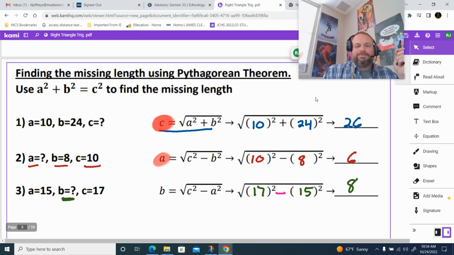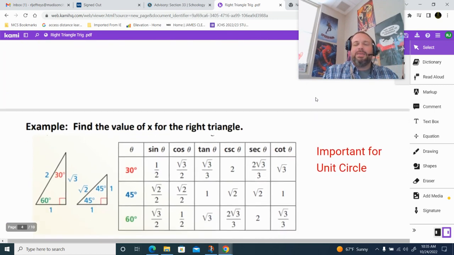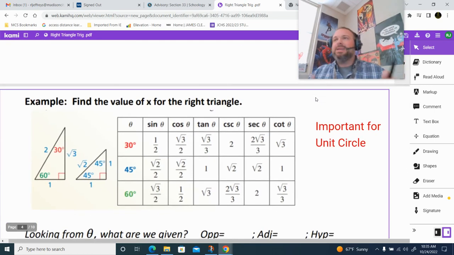So now, if we look at the back, granted, y'all's copy of this did not show up super great, but here's the deal. This is the main reason this is included. On Wednesday, when we start getting into the unit circle, all this stuff will come back around, because we are literally dealing with 30-60-90 triangles and 45-45-90 triangles.